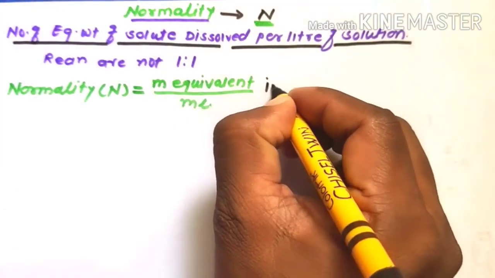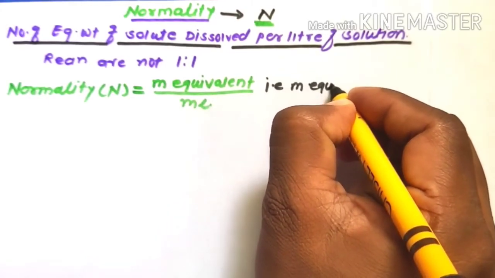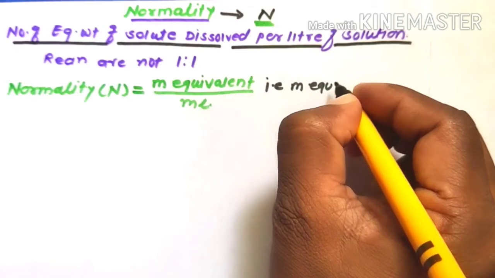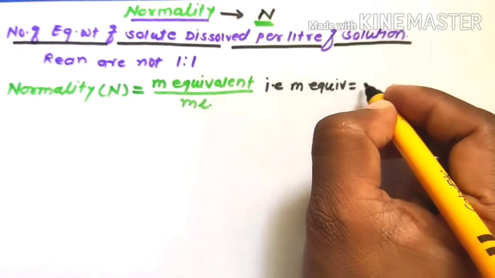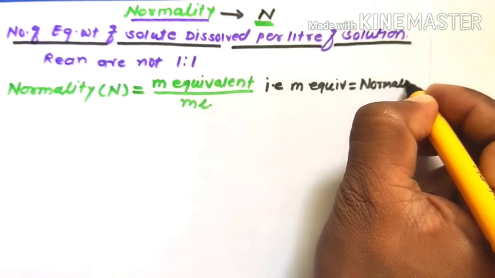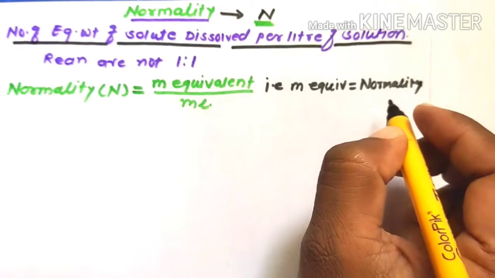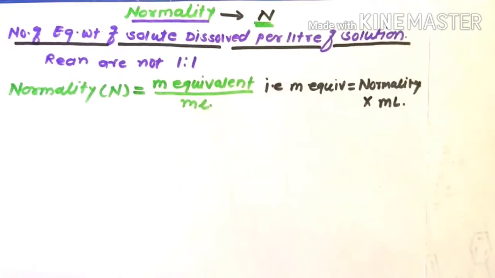That is, mole equivalent is equal to normality into ml.